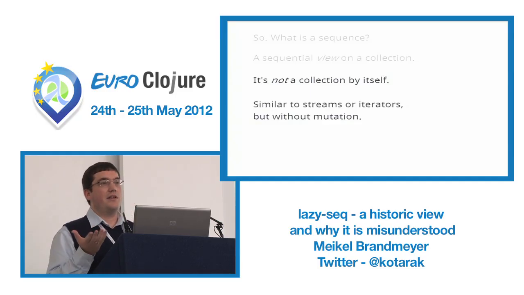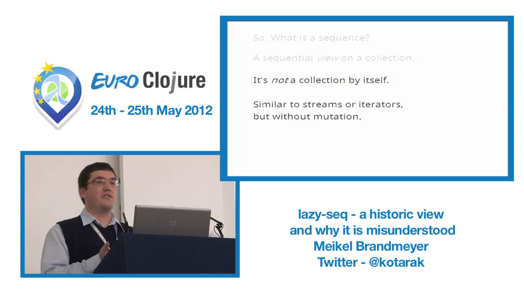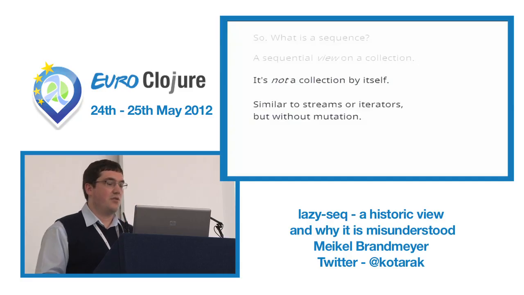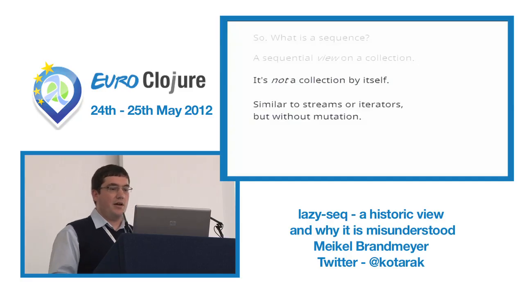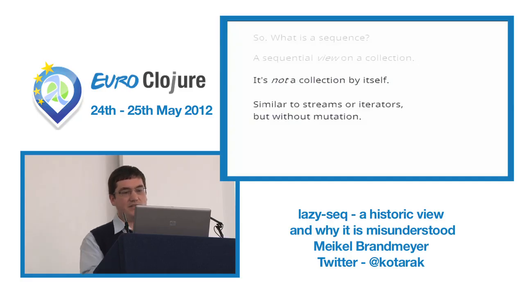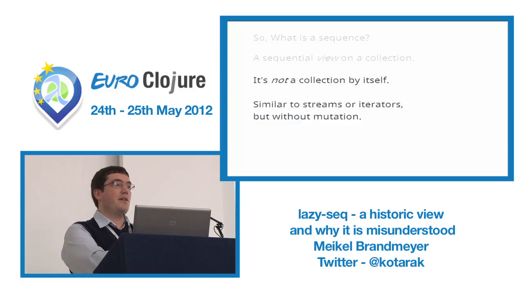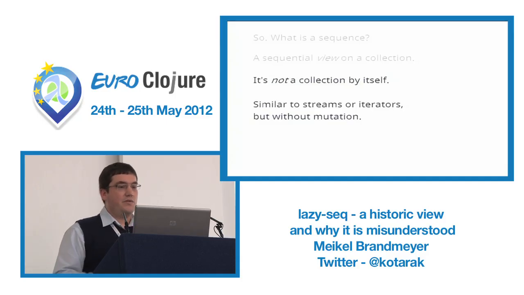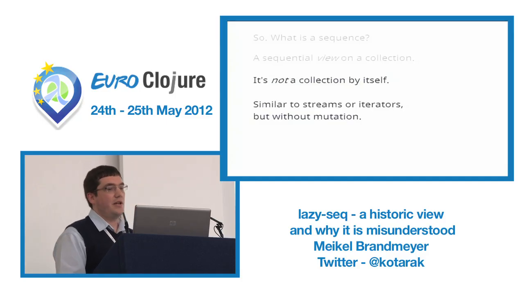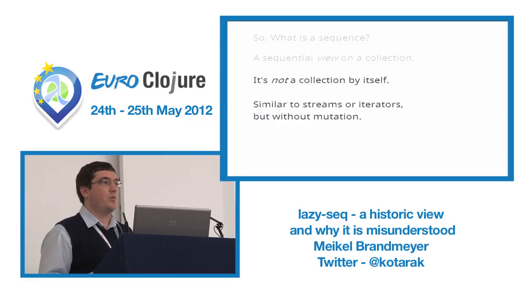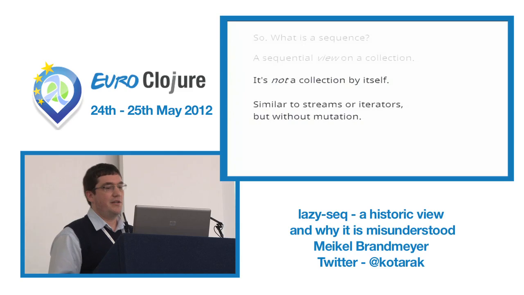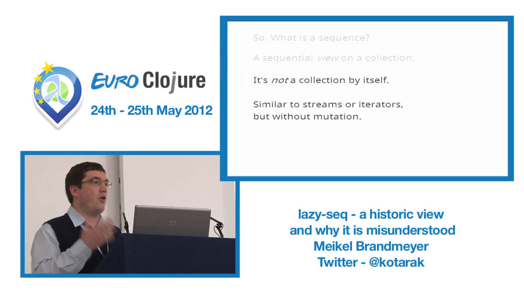When you have an iterator and you ask for the next element, the first is gone. You cannot traverse with the same iterator the collection twice. You have to create a new one. Sequences don't do this. They cache the intermediate results. So if you keep the head of the list, you can traverse it as many times as you like. And this view on a collection gives us a very nice way to run computations on the elements of this collection, because it's independent of the actual form.